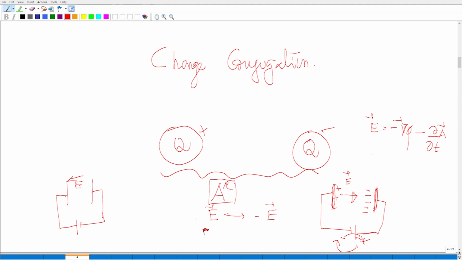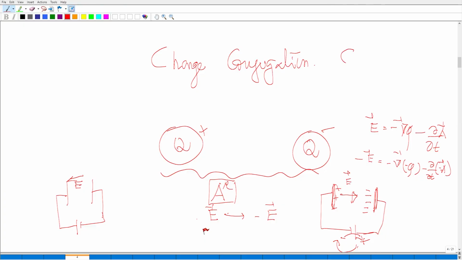If E has to go to minus E, then all that we should do is change phi to minus phi and A to minus A. So, phi going to minus phi and A going to minus A is good enough to reverse the polarity of my capacitor plate, and it is good enough to change the direction of the electric field.